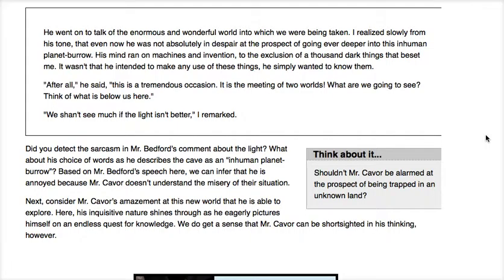It wasn't that he intended to make any use of these things, he simply wanted to know them. After all, he said, this is a tremendous occasion. It is the meeting of two worlds. What are we going to see? Think of what is below us here. We shan't see much if the light isn't better, I remarked.